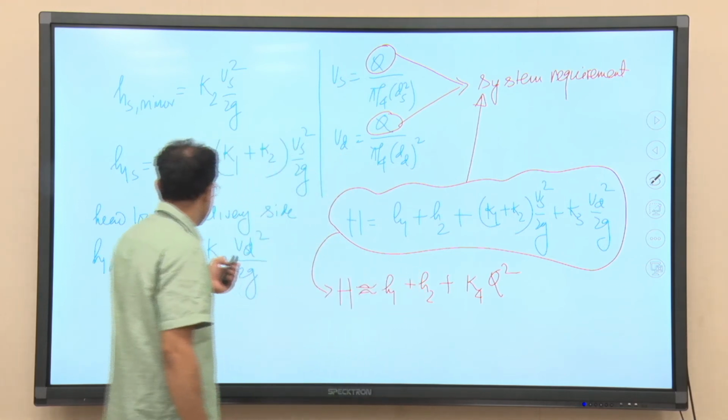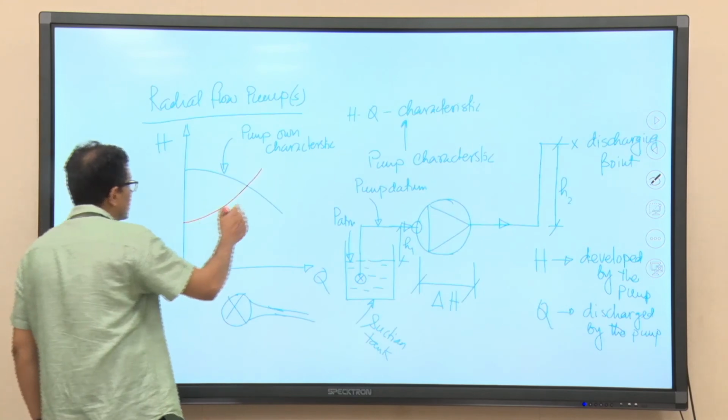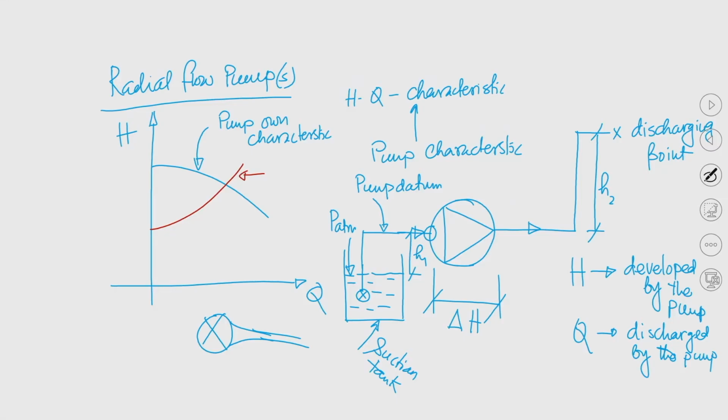So, we can easily plot it, we can superimpose this curve on this particular curve, and this is the system resistance or system characteristics. Okay. Now, you can understand, and this is the static height.